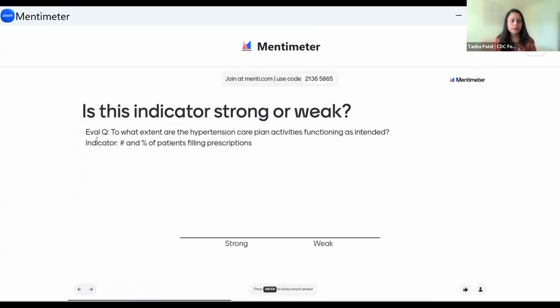So for this one, same question, the indicator is number and percentage of patients filling prescriptions. Is this a strong or weak indicator?